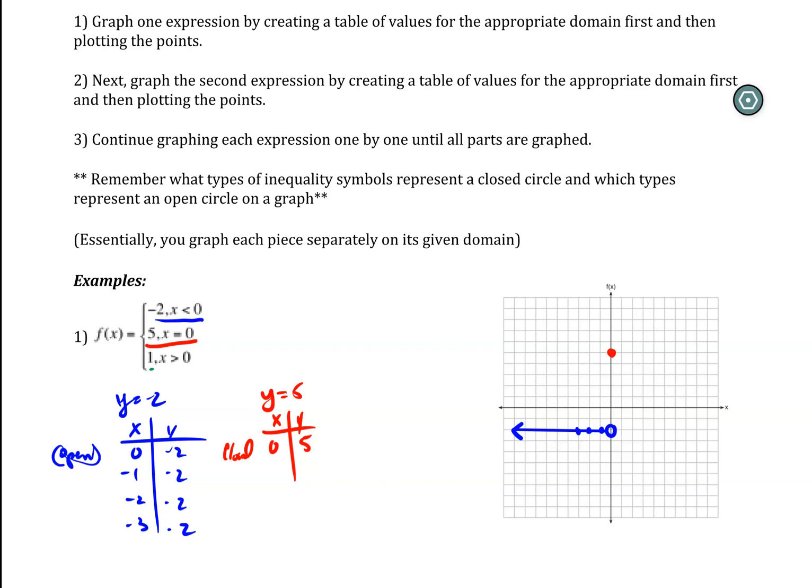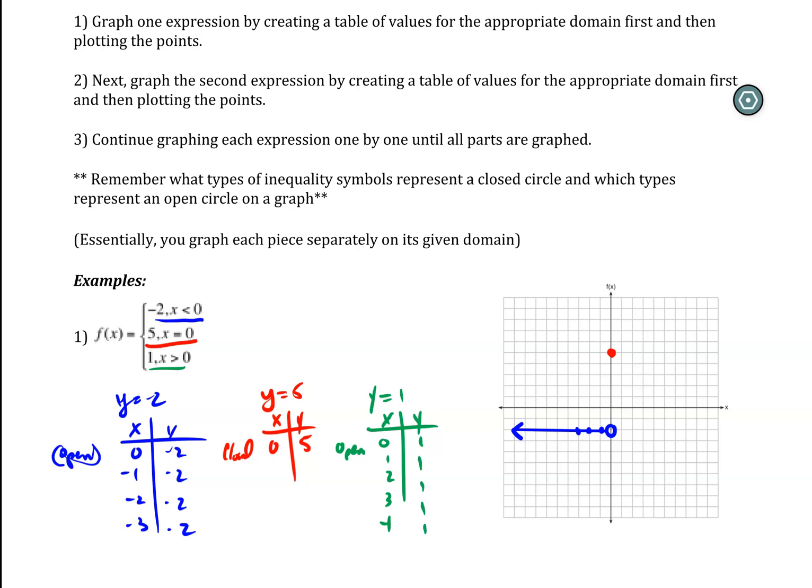And lastly, I'll do this one in green. We've got the function y is equal to 1, which is also a horizontal line, when x is greater than 0. So again, I'm going to start at 0, because this is greater than. This is going to be an open circle. It's still a horizontal line, so I'm still going to have just 1 for all of these.